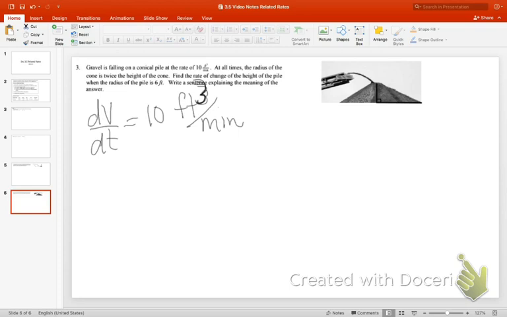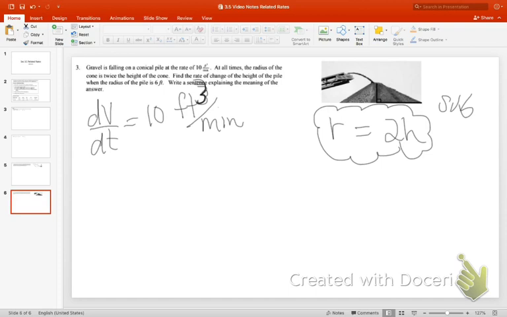At all times, the radius of the cone is, so they're going to tell me about the radius, twice the height of the cone. So the radius of the cone is 2h. This is going to be a helper piece of information that we're going to need to substitute in. Next sentence.